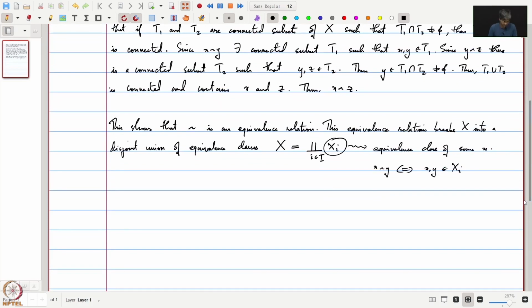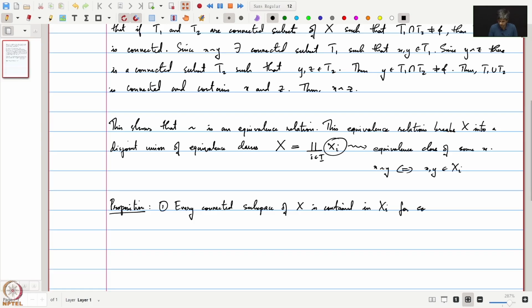Okay, so we have the following proposition, which has, let's say, 3 parts. First, every connected subspace of X is contained in Xi for some i. Given any connected subspace of X, it is going to be contained in one of the Xi's.